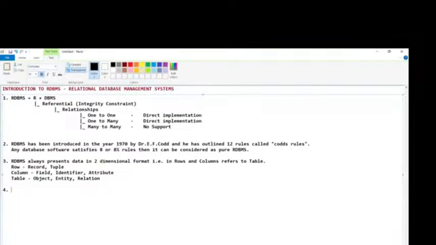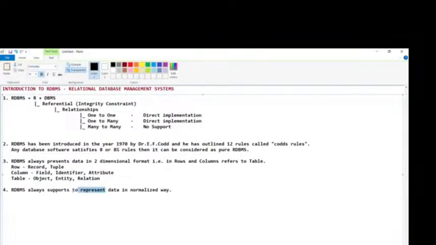Fourth rule. RDBMS always supports representing data in a normalized way. Word: represent. Remember this difference. Representation is about designing.